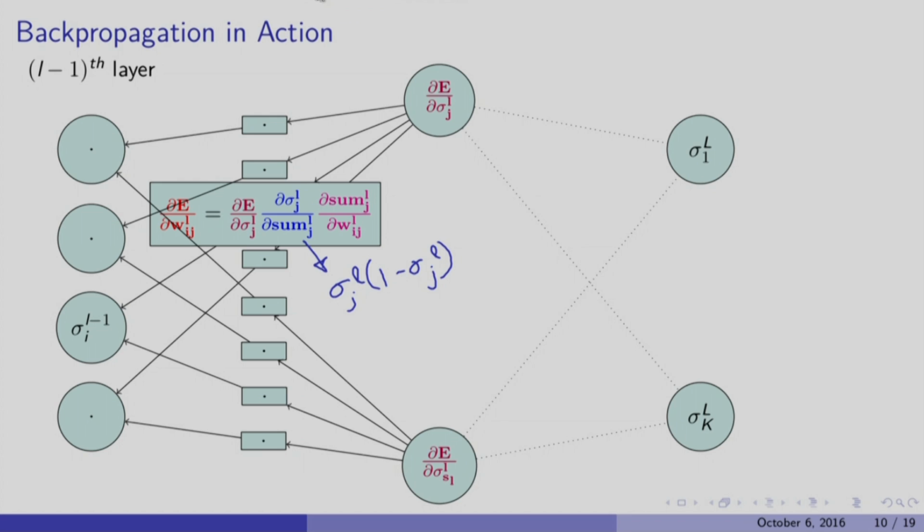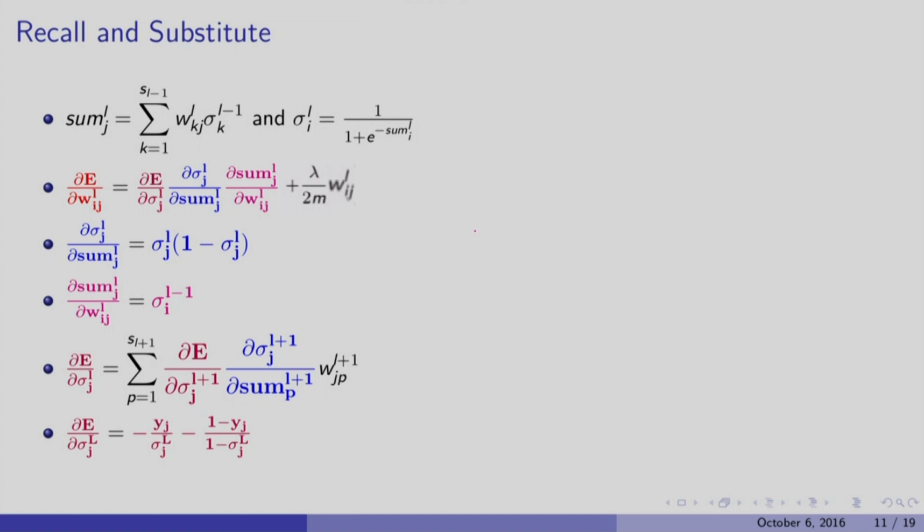Likewise, we know the expression for the second partial derivative as sigma I l minus 1. So we substitute these, and what do we get?